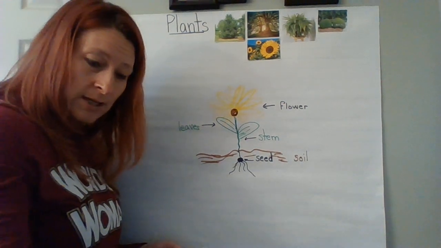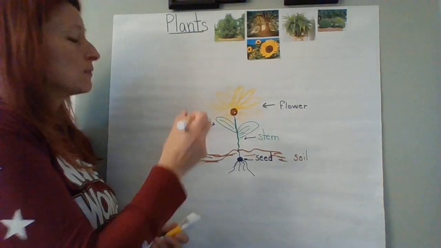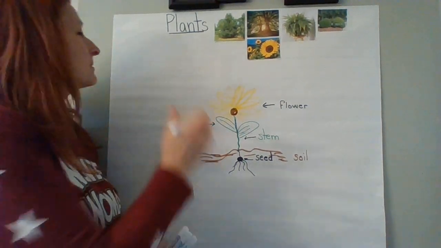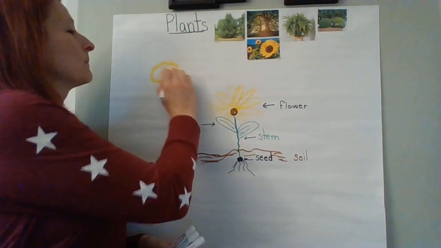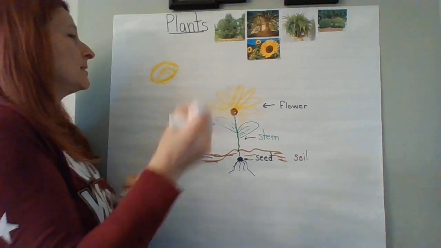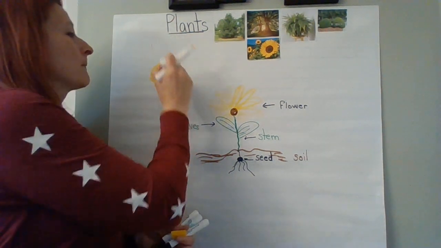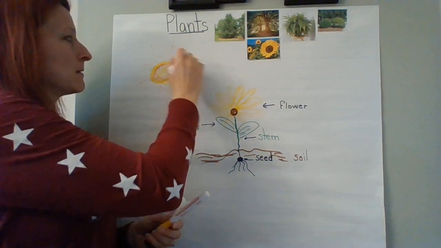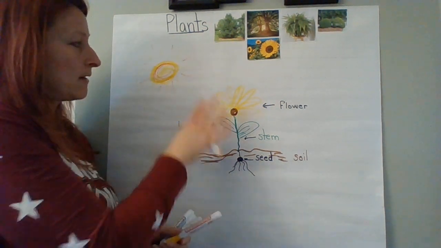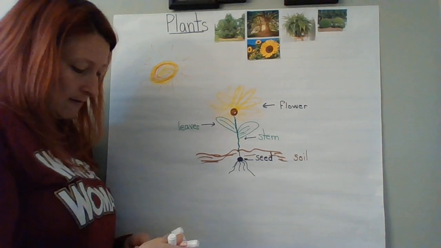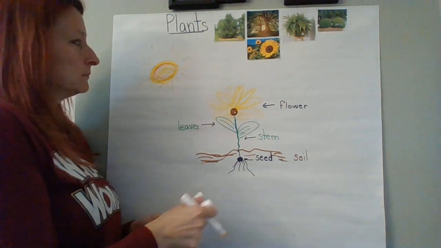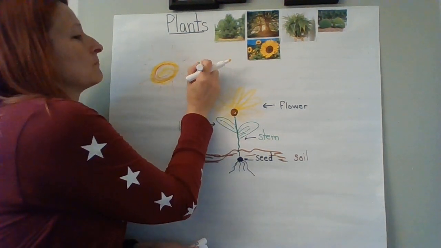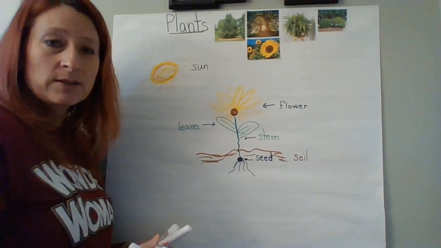The other thing you're going to need for flowers to grow is sun. Draw my sun. So you have the sun, which helps the plants grow.